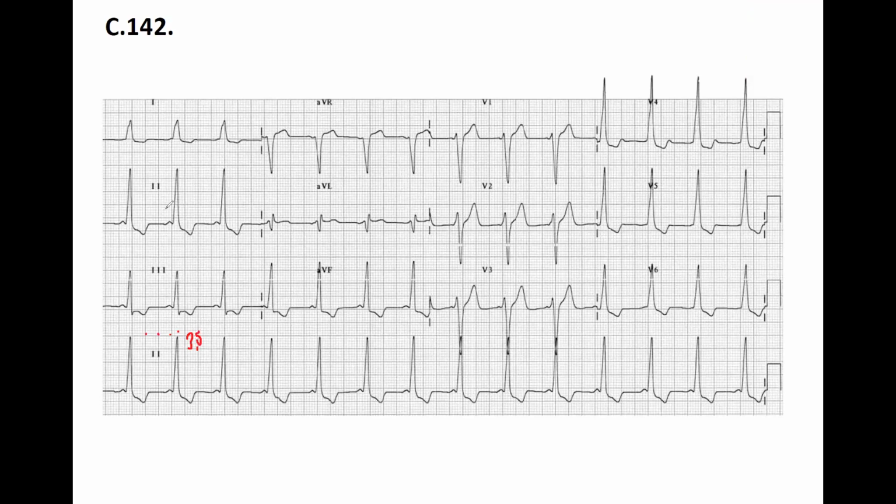We do have P waves in front of every QRS, that are positive in lead 2 and negative in aVR. Lead 1 is positive, and aVF is positive also.